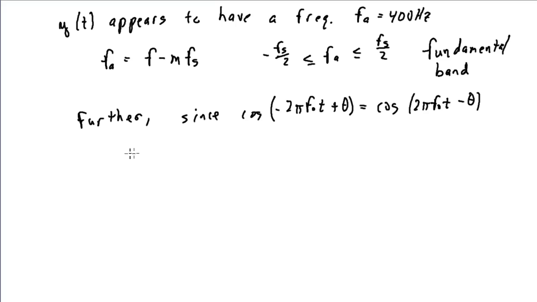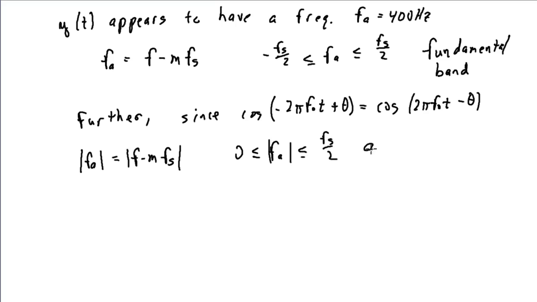This leads to the concept of the apparent frequency of a sinusoid, and that's just equal to the absolute value of the expressions above, and the apparent frequency will always be in the range between 0 and Fs over 2.